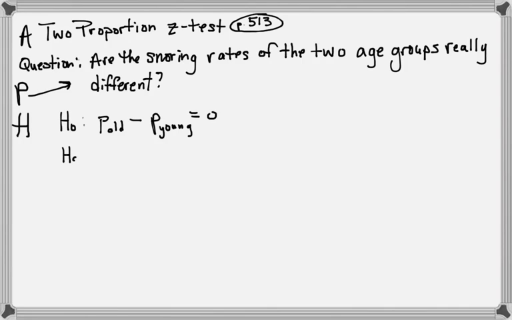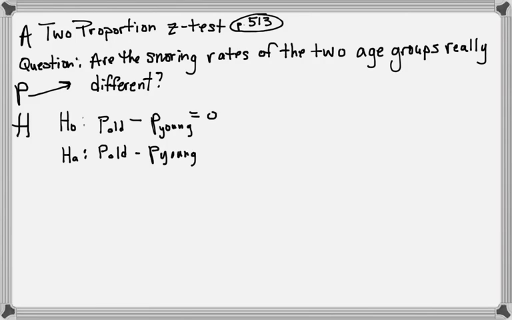HA, for the same scenario, is going to be p of old minus p of young. In this case, you have to be very careful about writing your null and alternatives with two samples, because the way that you subtract, one way or the other, is going to make a big difference in terms of what I'm looking at. Am I looking at a positive number, or am I looking at a negative number?